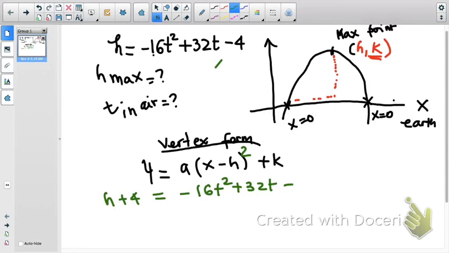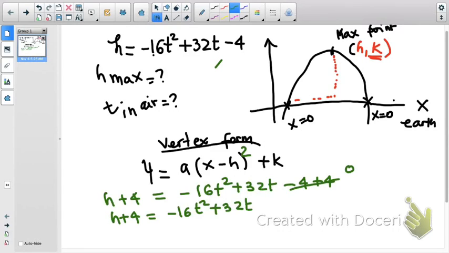Yep, looks right. And the reason I'm trying to complete the square is so I can have this form over here. So now I have h plus 4 is equal to negative 16 t squared plus 32t. This goes to 0, and I'm left with that.